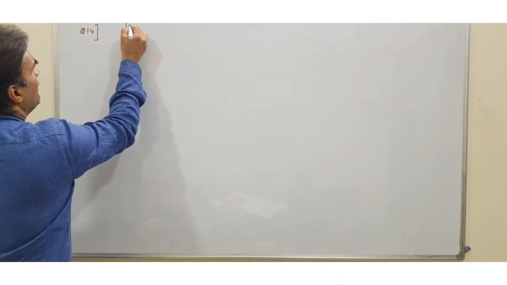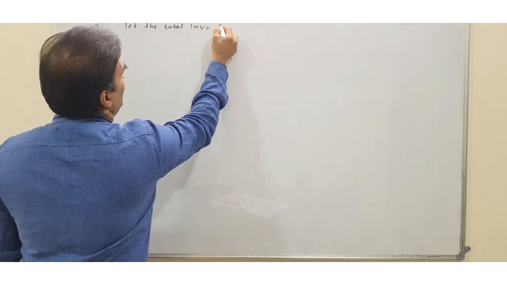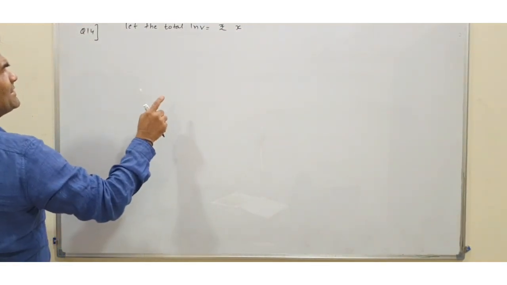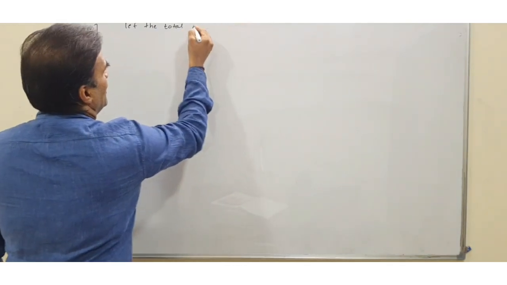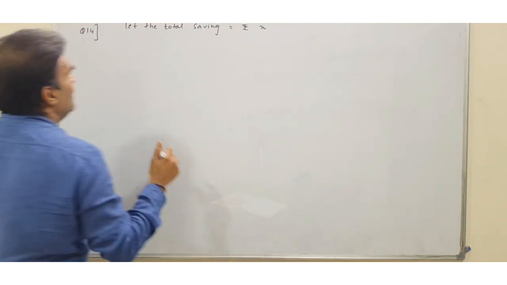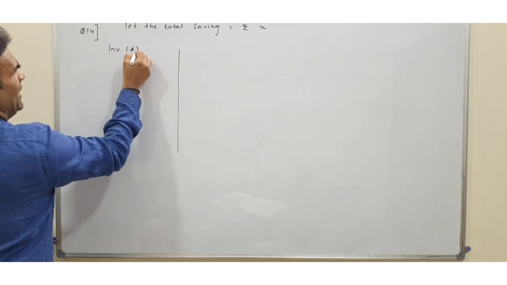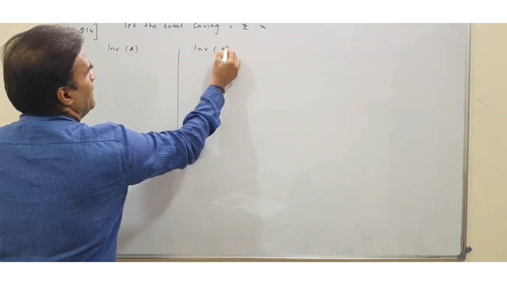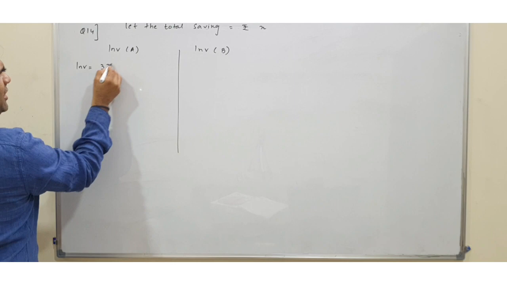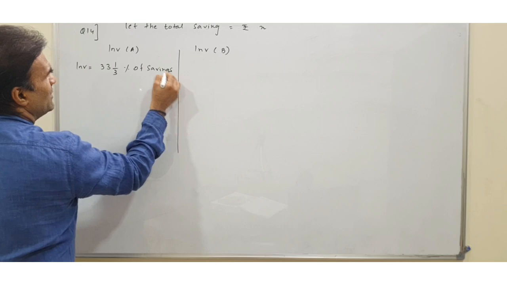So let the total savings be rupees X. Now this saving is diversified into, let us say, investment A and investment B. Since we know investment A is given as 33 1/3% of savings, it's clearly given to us.